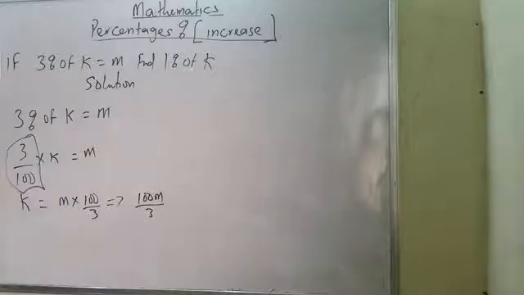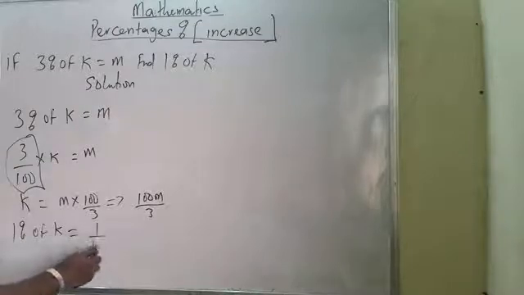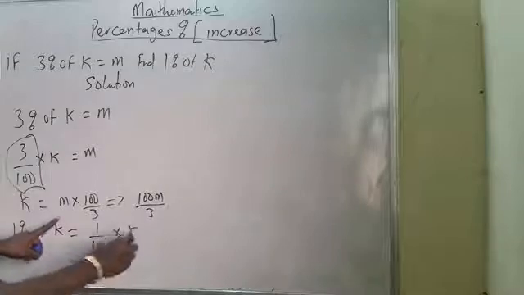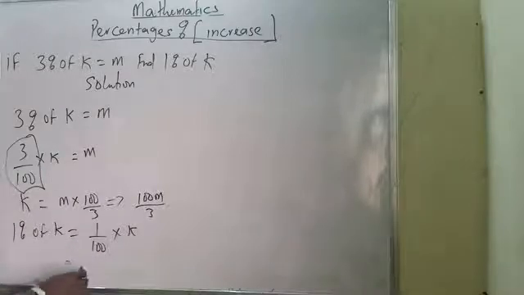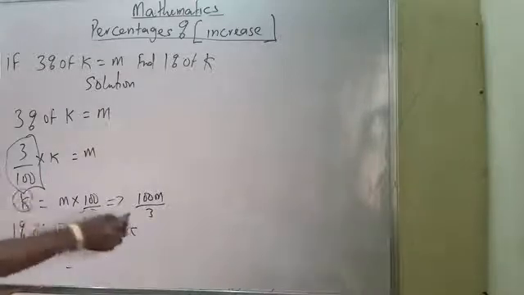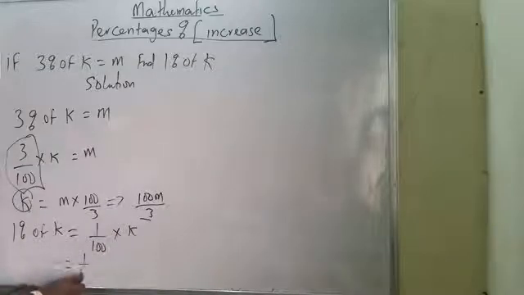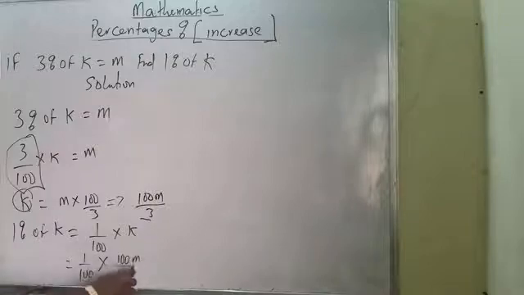Now, you are looking for 1% of K. It means I'll be talking about 1 all over 100 multiplied by K, and my K is equal to this: 1 all over 100 multiplied by 100M all over 3.